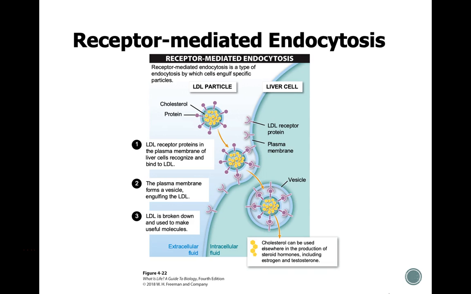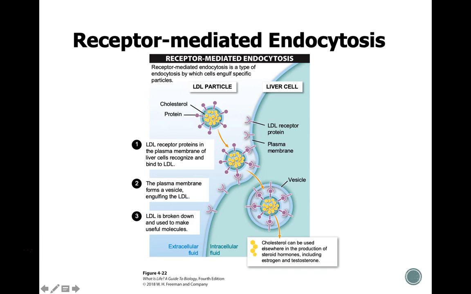We can also have something called receptor mediated endocytosis. So this is where you have sort of a little traveling packet. In this case, this is a vesicle filled with cholesterol molecules, and you'll notice that there are these little identifier fingerprint proteins on the outside. Now this allows the cell to recognize those cholesterol particles, or packets, if you will, and specifically bind to the membrane of a cell that needs them.